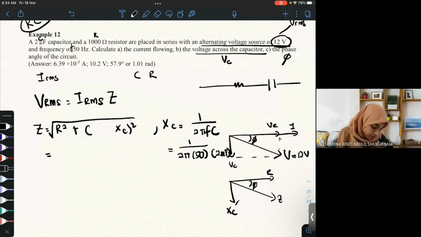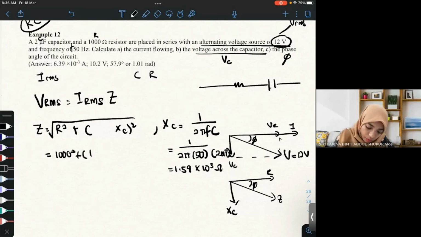To shift by 1 divide answer, we should get 1.59 times 10 to the power 3 ohm. Ini adalah nilai XC kita. So now you can substitute. Your R adalah 1000 square plus with 1.59 times 10 to the power 3 square, square root.